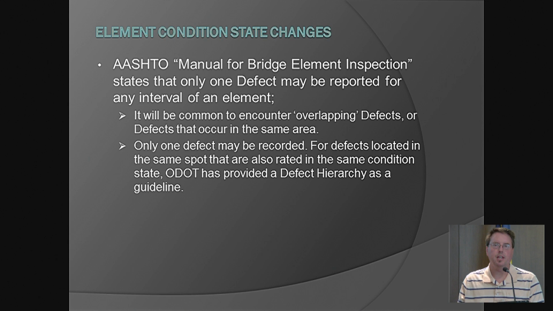One thing that we then have told the inspectors to do is down in the remarks section for each of those to go ahead and write out and say that you have multiple and what is actually going on in that spot, so that the owners and anybody else that are coming back to look at those reports can figure out if there's any additional defects that we need to look at.